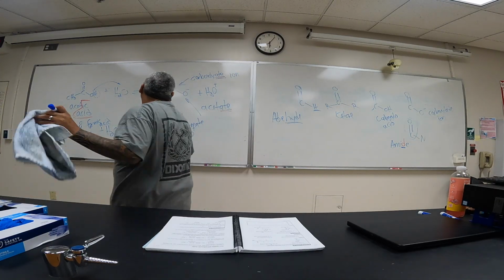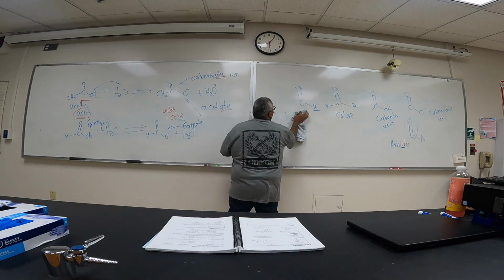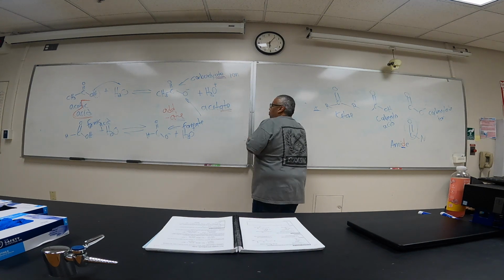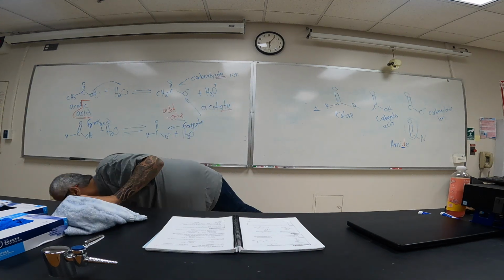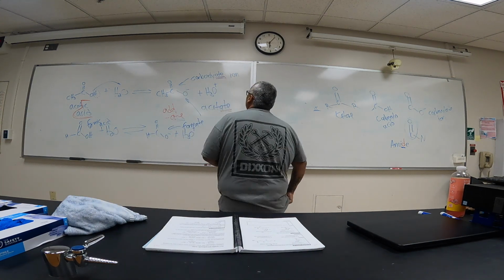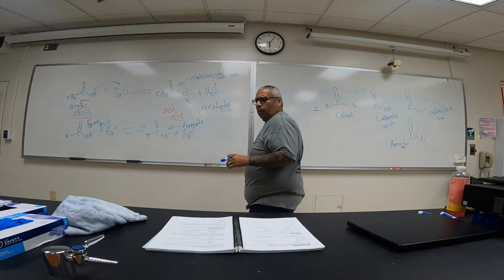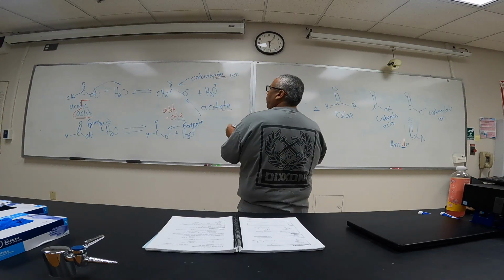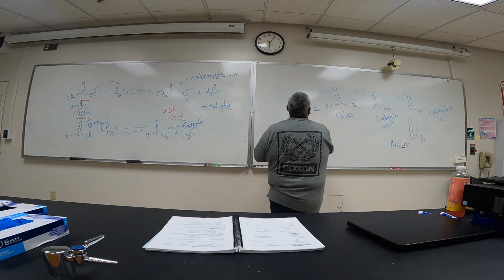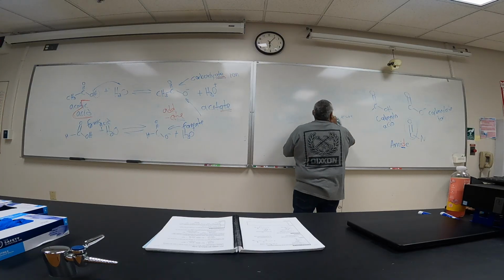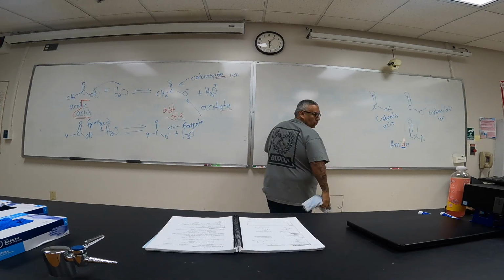But let's get back to here. We got a little off track, but we need to know these structures. So we're still talking about these carboxylates and how we name them. We've done acetic acid, acetate; formic acid, formate.